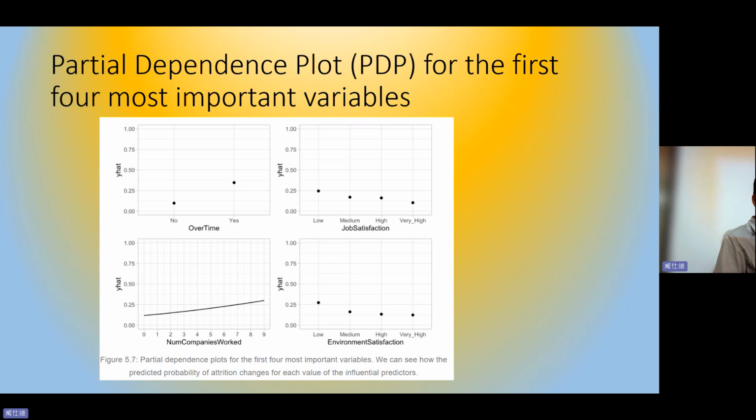Based on this, we can analyze their partial dependence. This may give us a clearer picture of the relationship between the probability of job attrition and the features we are interested in. So the partial dependence plot is also important.